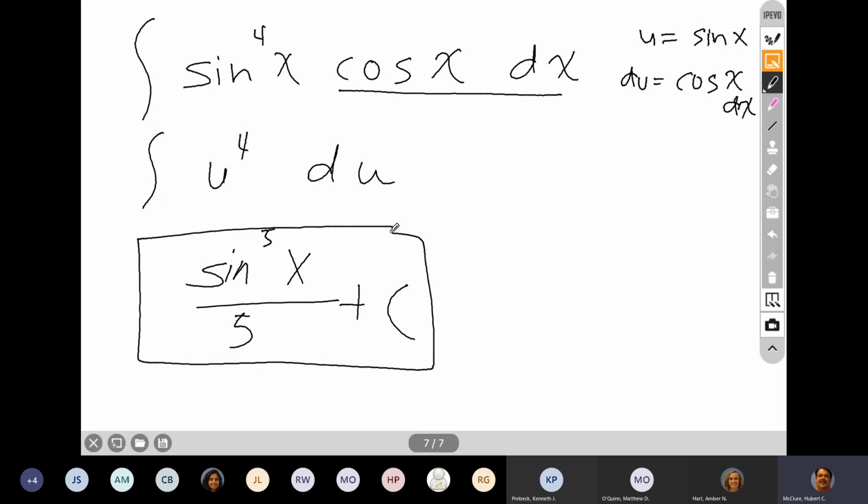Now, somebody count up. I think that's about 6 or 7 trig problems. 7. Well, that should carry you for 3 or 4 problems on the test.